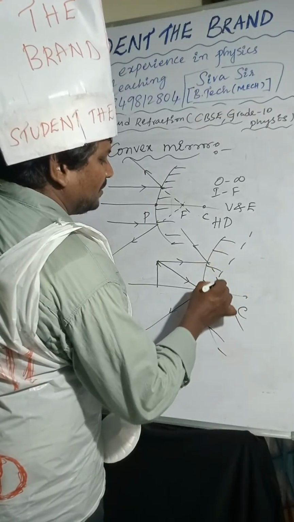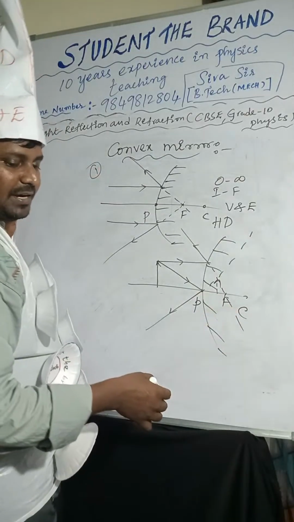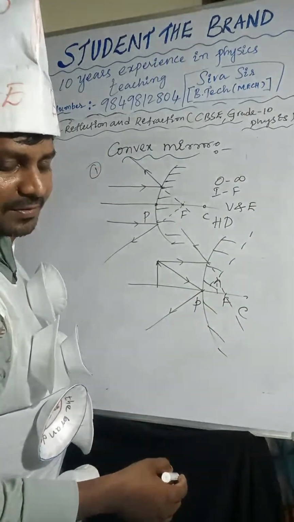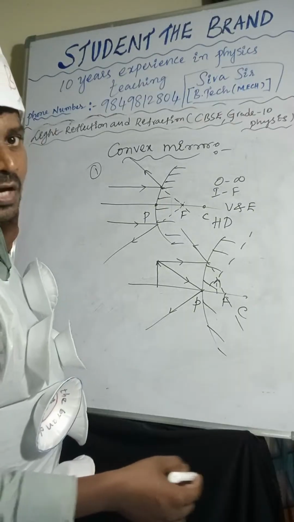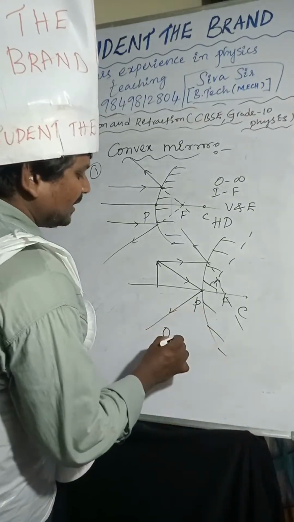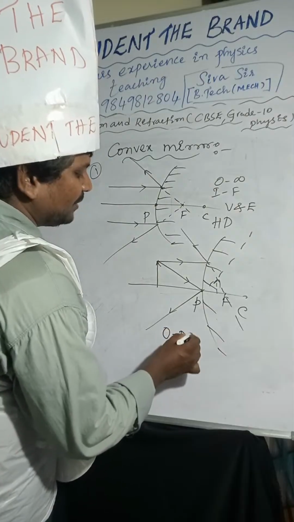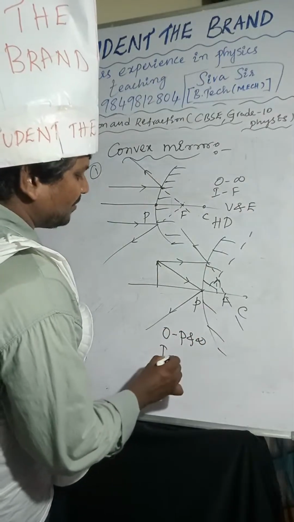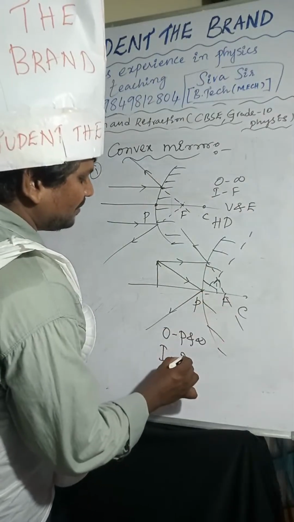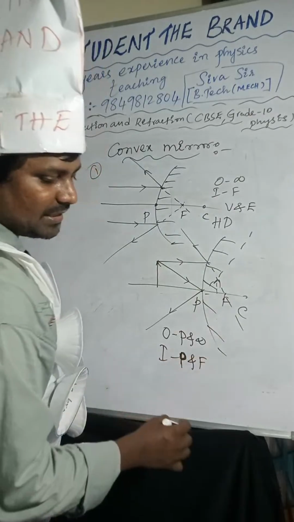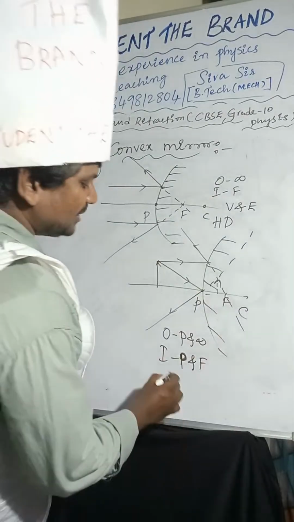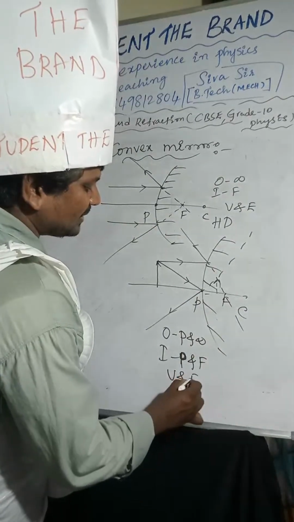So image will form between P and F. Object is placed between P and infinity, image will form between P and F. Nature of the image is virtual, erect and diminished.